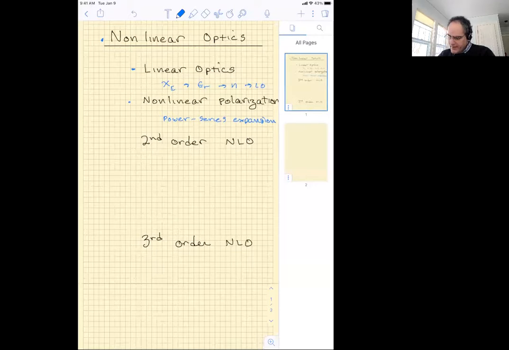Second order phenomena include a lot of really interesting things, including frequency doubling or second harmonic generation, as well as a related phenomena called optical rectification. It includes sum and difference frequency mixing. Something called the electro-optic effect.